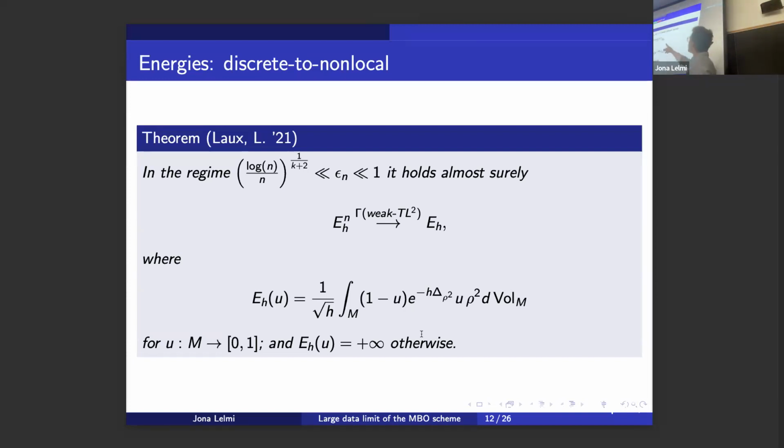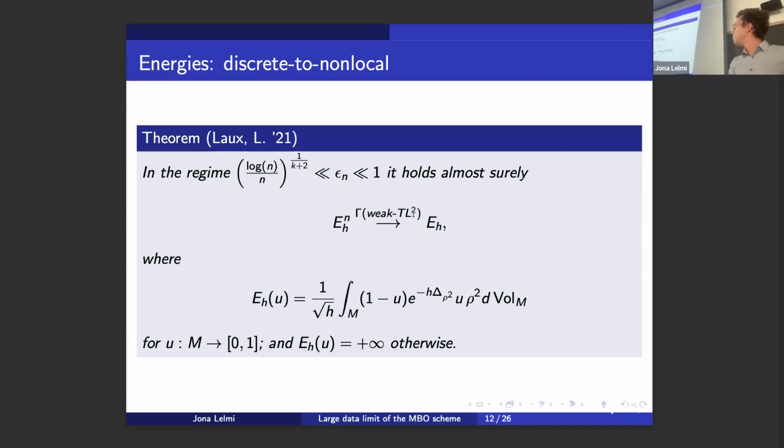Let's assume that we are in this regime here for epsilon_n, so epsilon_n is large enough compared to the number of data points. And we show that almost surely, as the number of data points goes to infinity, the thresholding energies on the graph gamma converge with respect to the weak TL2 topology to the energy E_H defined here.